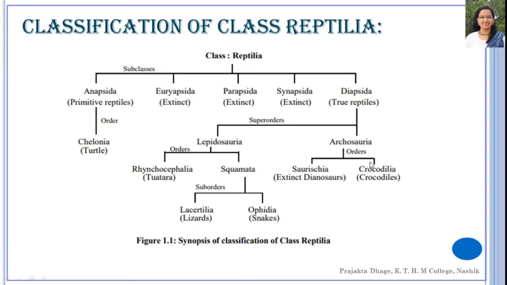Now when we talk about superorder Archosauria, there are two orders below it: Saurischia, which is extinct dinosaurs, and then you have Crocodilia, where all types of crocodiles and alligators are placed.